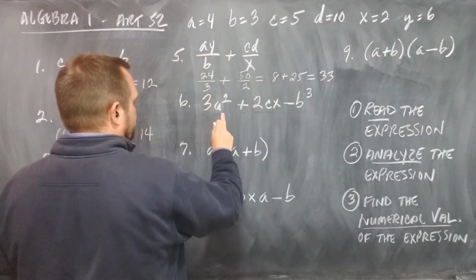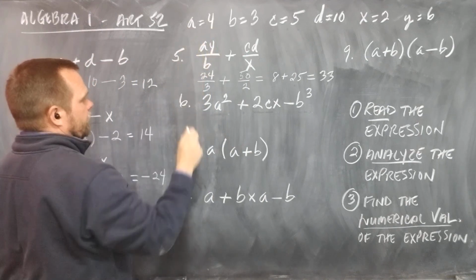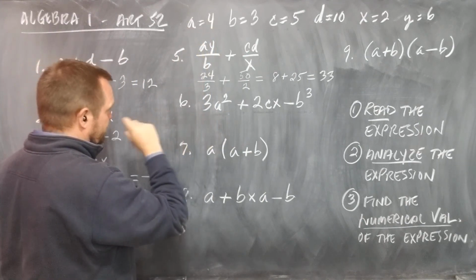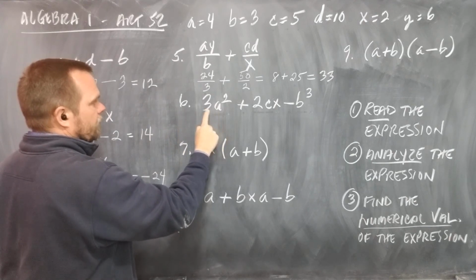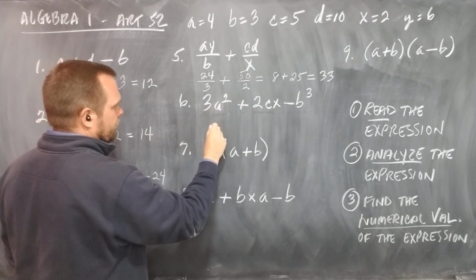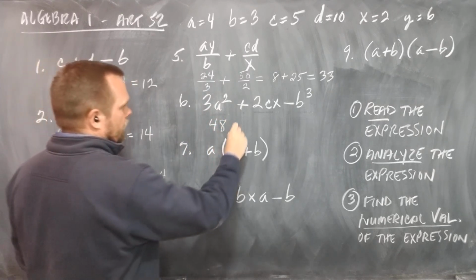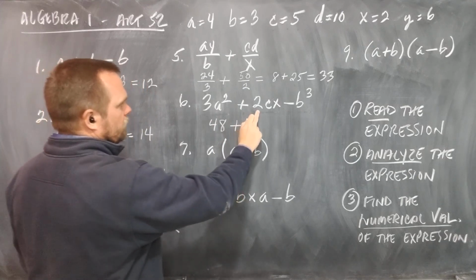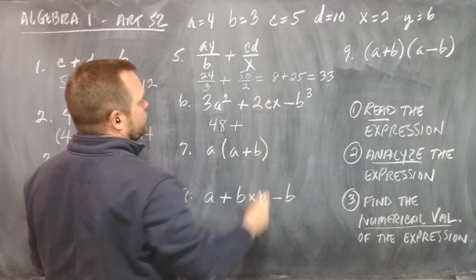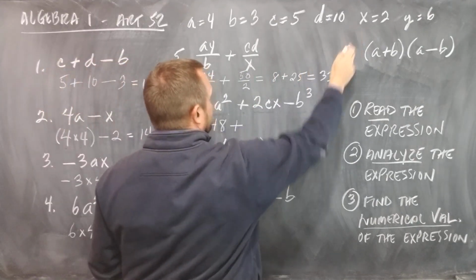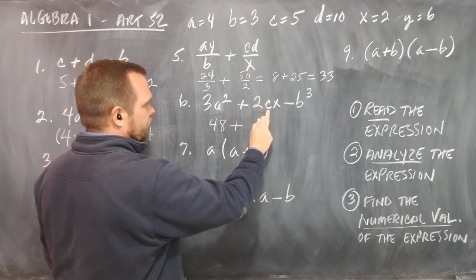3 times a squared. A is 4. Therefore, 3 times a squared. 4 squared will be 16. 3 times 16 makes 48. Plus 2 times c times x. C is 5 and x is 2. 2 times 5 is 10.